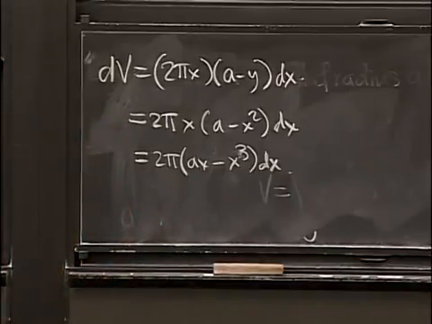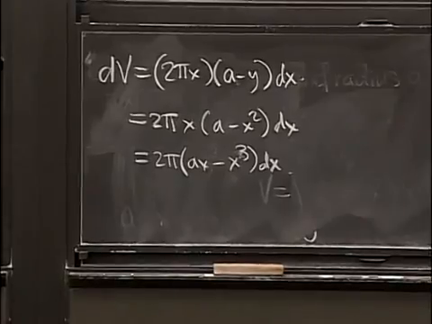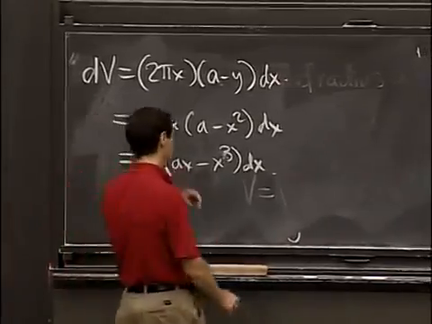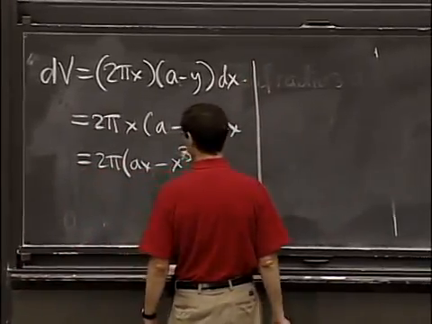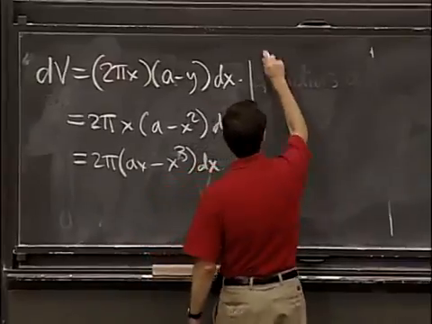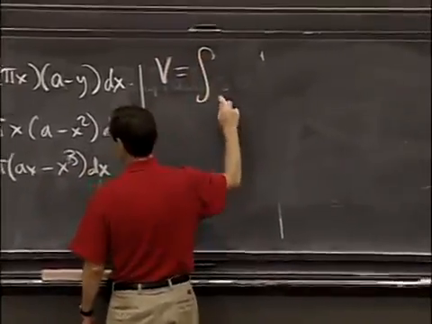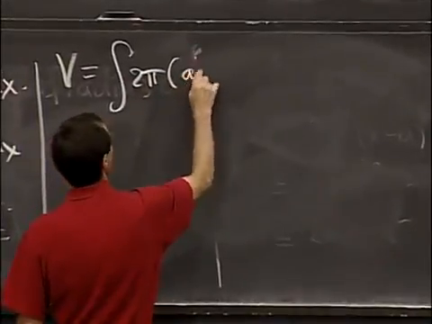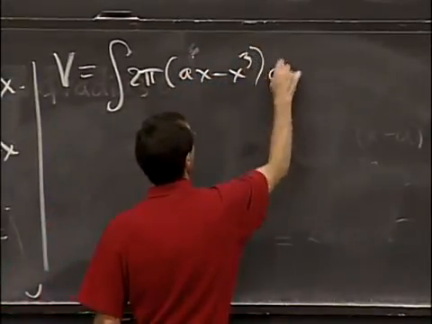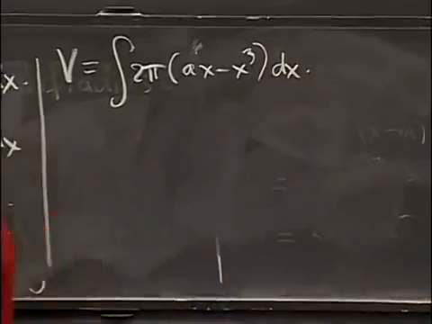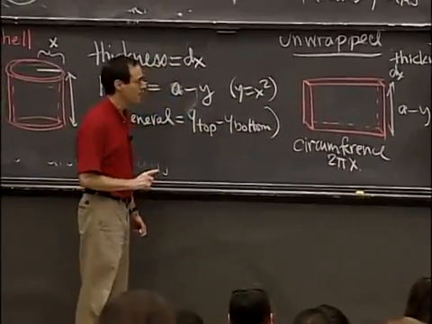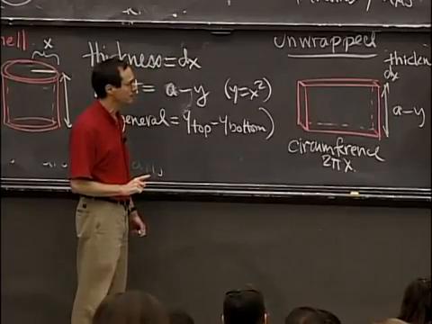And now the last little bit that I had better be careful about, in order to figure out the total volume, is the limits. So the volume is going to be the integral of this quantity, 2 pi times ax minus x cubed dx. And now I have to pay attention to what the limits are.